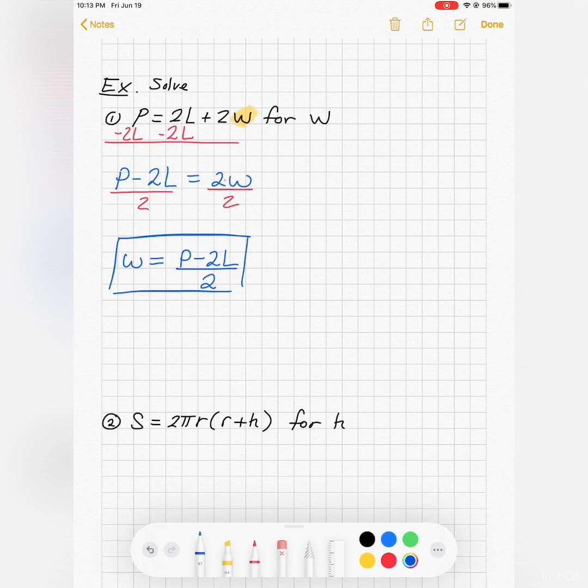So you could leave it like that, or this 2 is dividing into both terms here in the numerator. So I could separate that if I wanted to. Either way, either of those answers would be acceptable.